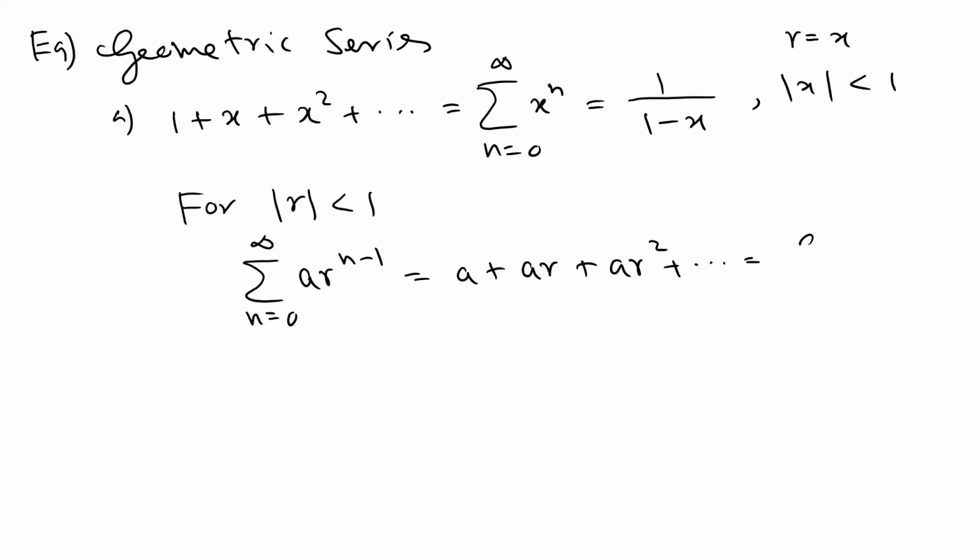This is simply a over 1 minus r. So that's what it converges to. And if r is outside that range, it's going to diverge. Good. So let's see how we can use this fact.